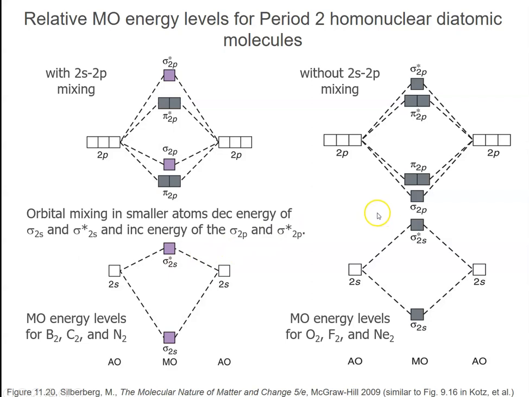And if you look over here, see how this was sigma 2p and this was pi 2p. Here it's pi 2p and sigma 2p. That's really the only thing we have to worry about. We don't have to worry about these relative energies, but we do have to know whether we're at boron, carbon, and nitrogen. If that's true, the pi 2p's have a lower energy than the sigma 2p. But for O2, F2, and Ne2, the sigma 2p has the lower energy than the pi 2p.